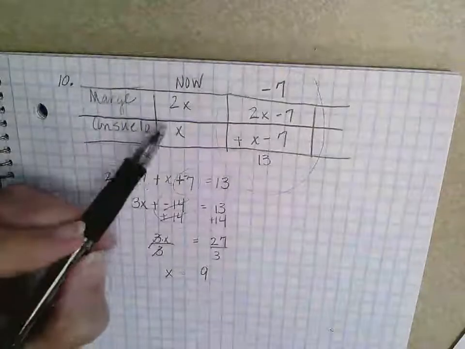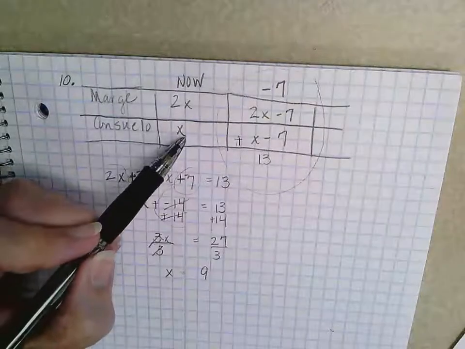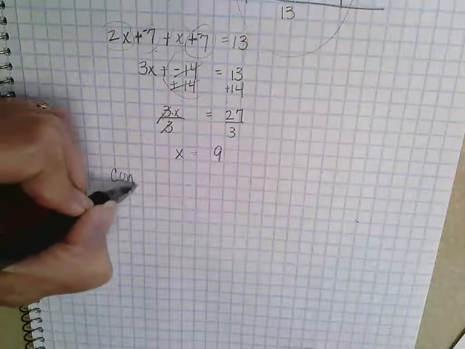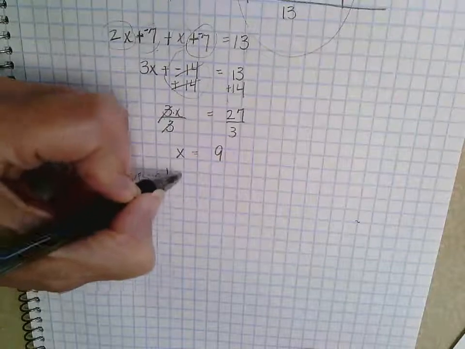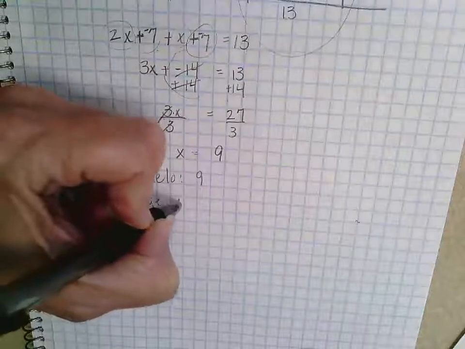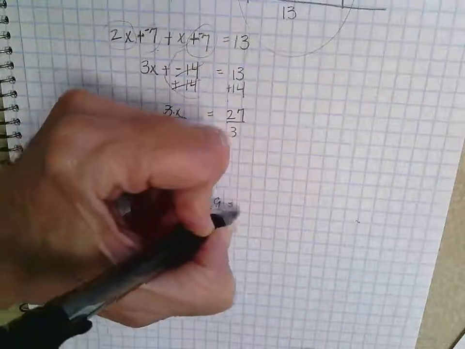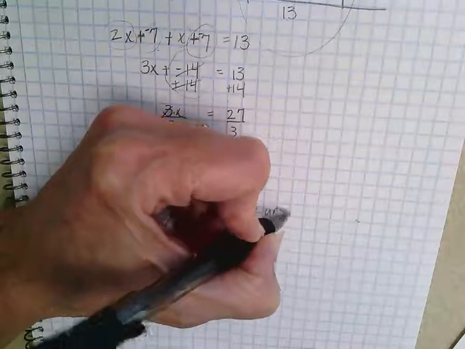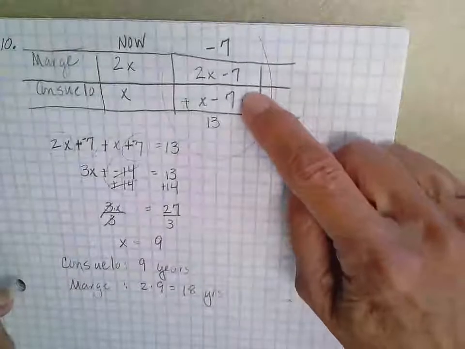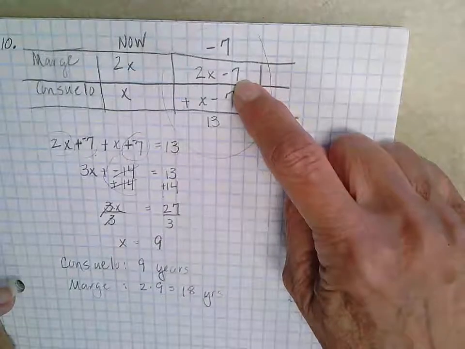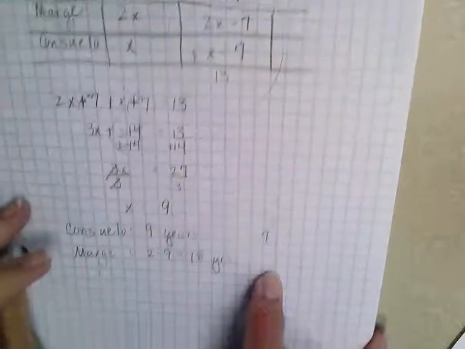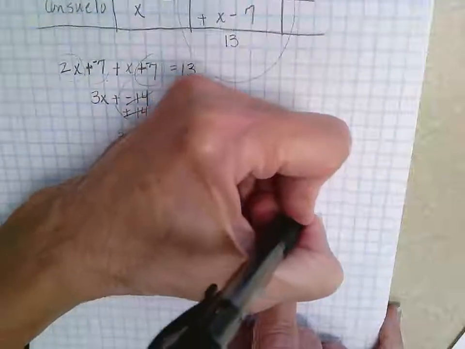So when I look back up here, now the ages would be 9 and 18. Consuelo would be 9 and Marge would be 2 times 9, which would be 18 years. Now, looking over here at 7 years ago, when I subtract 7 from Consuelo's age, I would get 2.